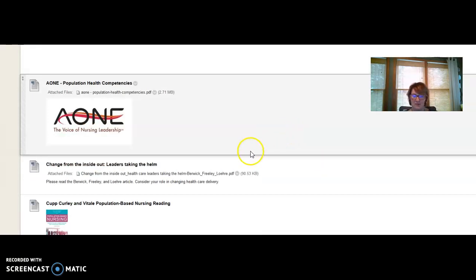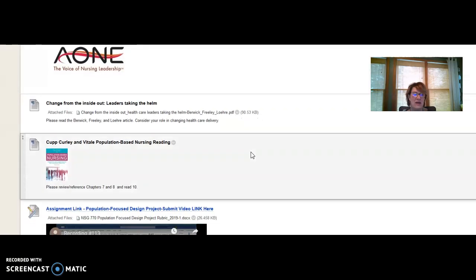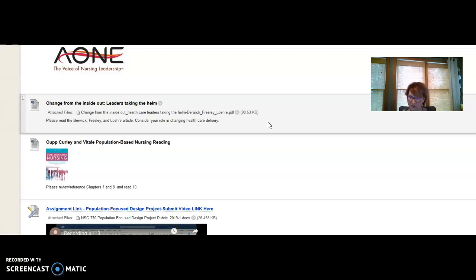So we have our population health competencies. We're going to revisit those. We've actually taken a look at them in our very first module. They were within the resources for success, and we're going to really dive into those as well. This talks about leadership and really taking the lead in changing from within for impact outside is really critical.